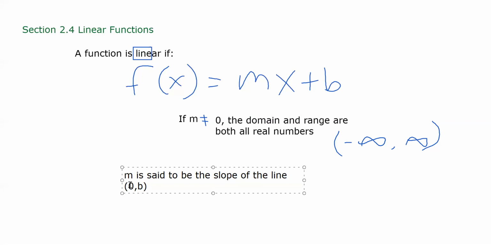And that is something that we, math people, do become a little bit sticklers about. So you don't just say b is the y-intercept. You say the coordinate (0, b) is the y-intercept. So that's not so bad.